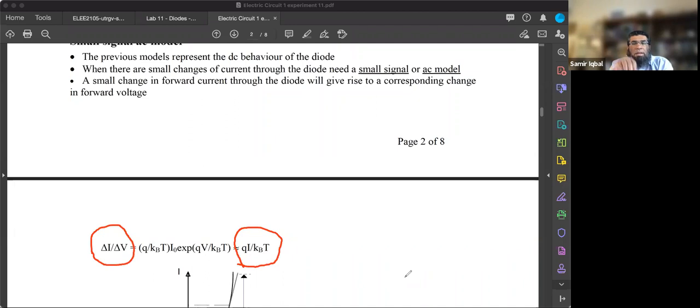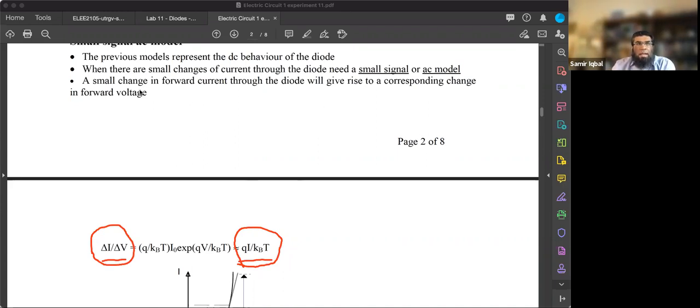So current divided by 26 millivolt. That's how this relation simplifies: for each small step in voltage, how much would be the change in current. So that would become the current divided by 26 millivolt.